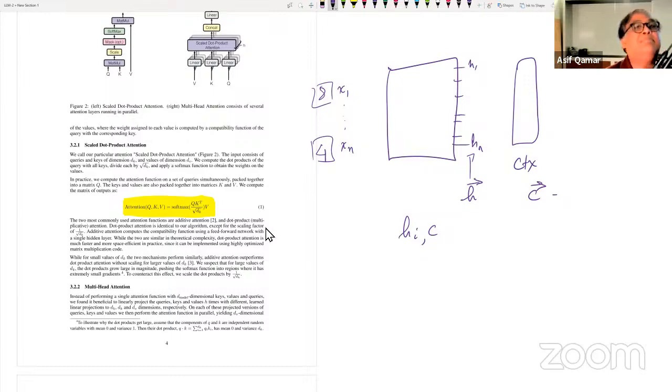Like I pay most attention to the most aligned one. I should start paying most attention to the one that has the biggest dot product. Does this make sense?